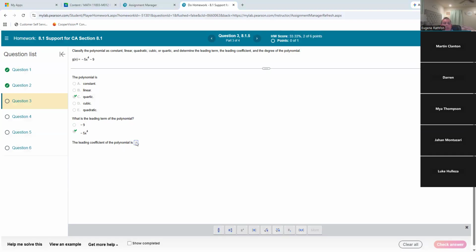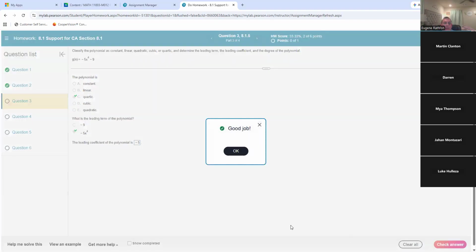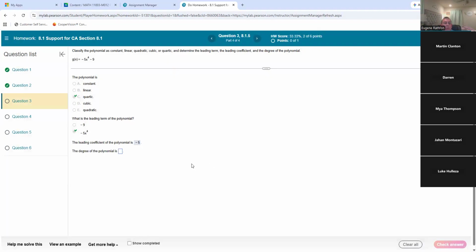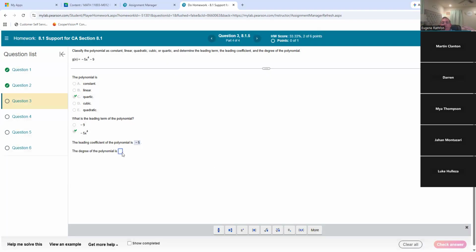Oh, remember, so the leading coefficient is the number in front of that leading term. So this is where y'all want to put the negative 5. Okay. Now, on this next one, the degree, that's where y'all going to put the 4 because the degree is the exponent. Okay.